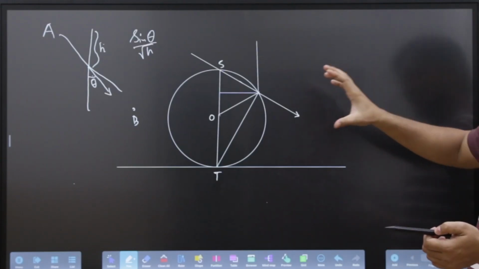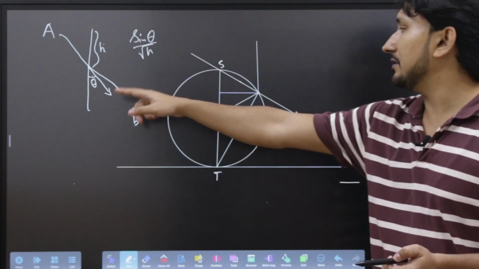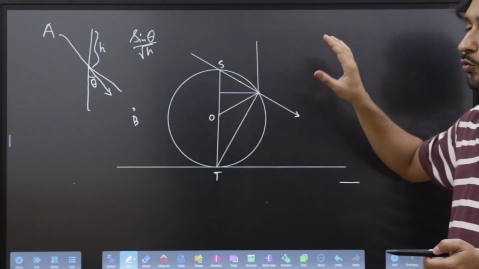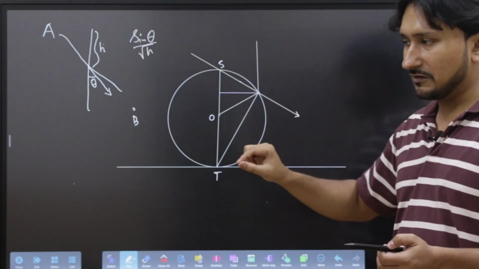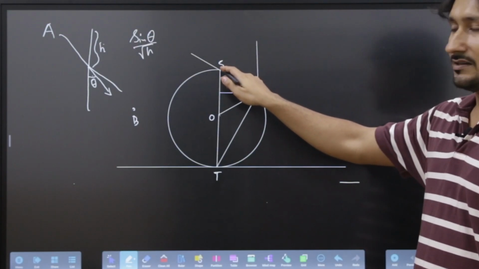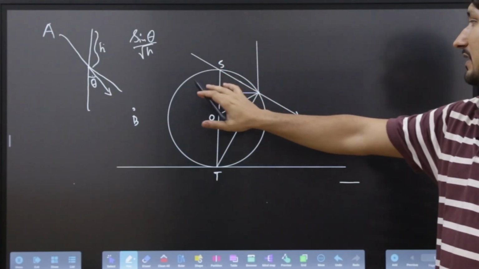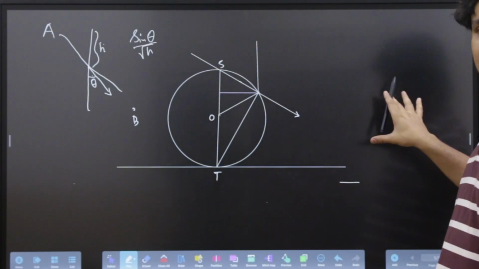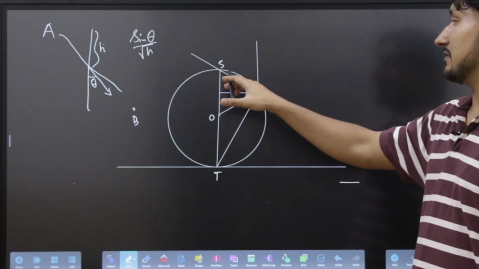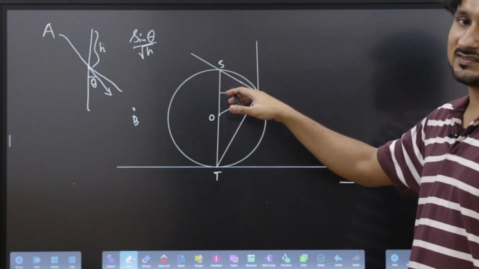Now, I don't have an animation of the cycloid, so I will depend on your imagination. So suppose this is the ground and a wheel is moving on the ground at uniform speed. Track one point on the circumference of the wheel. In this case, suppose we track S. If we look at S and see where it goes as the wheel moves forward at uniform speed, without slipping, of course, then the path traced by this point S is going to be a cycloid.